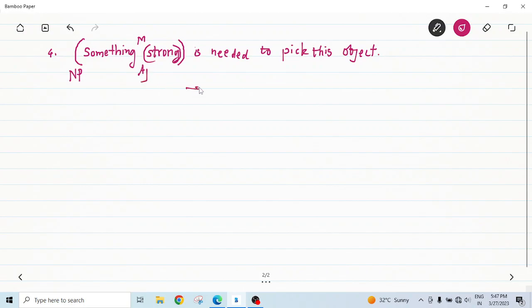So you should write down all these examples, that even adjectives can function as post modifiers in a noun phrase.